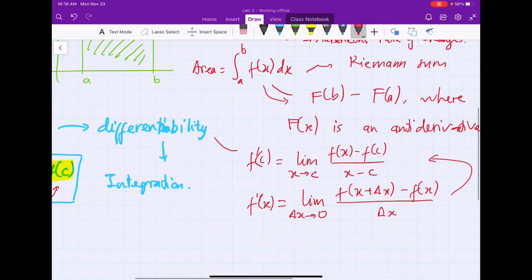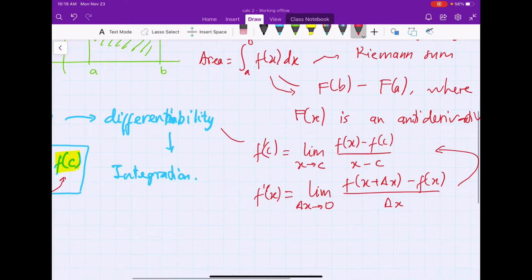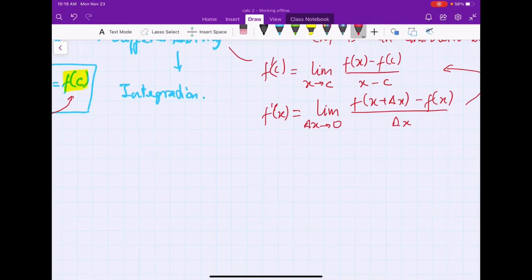The derivative is defined via a limit, so of course you might think about the left derivative and the right derivative. For example, I have this function like this. This is the left derivative, the left tangent line, and this is the right tangent line.